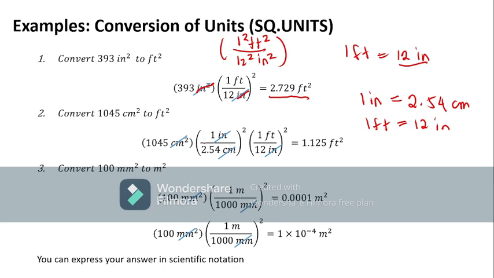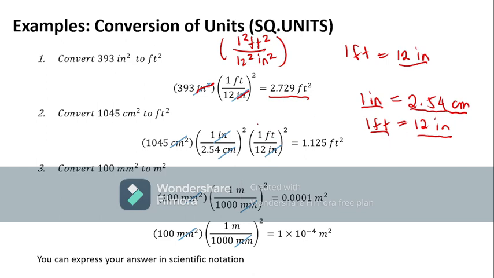So, yung square natin dito, so, kung centimeter to, dapat yung baba centimeter din. So, this one should be in the denominator. And this should be in the numerator. So, inch, centimeter. Now, kung inch to, dapat yung baba, inch din. So, this one should be in the denominator. Tapos yung counterpart niya should be in the numerator. So, denominator, the 12 inches, ito yun. Tapos yung 1 foot, nasa taas.